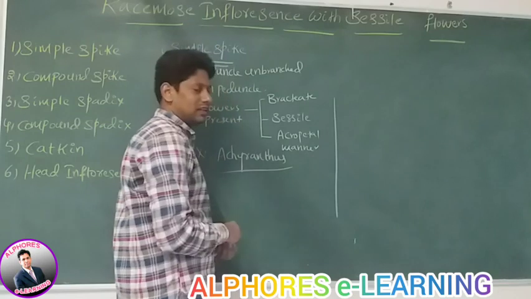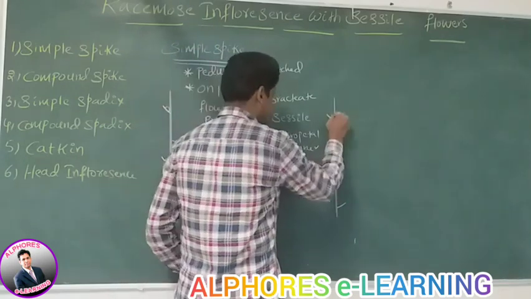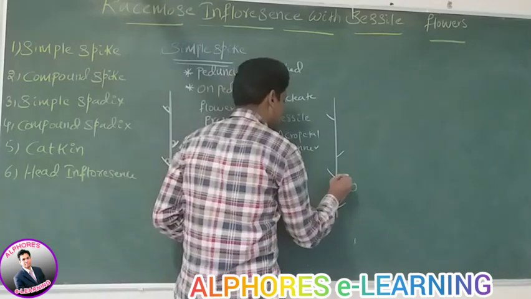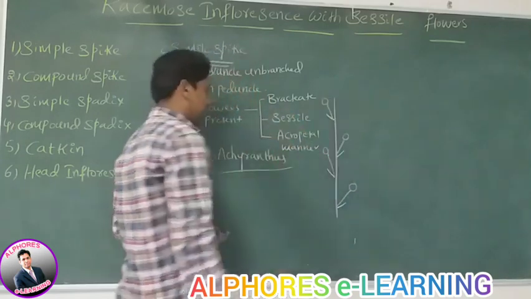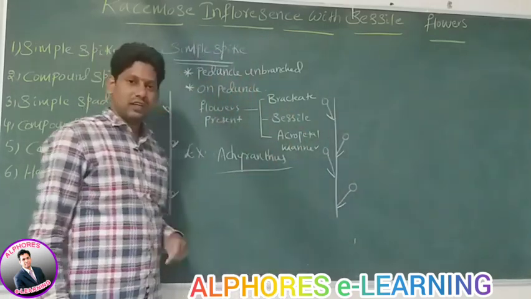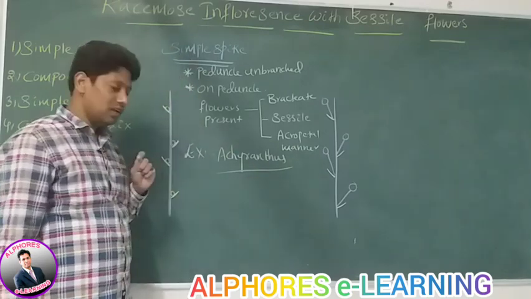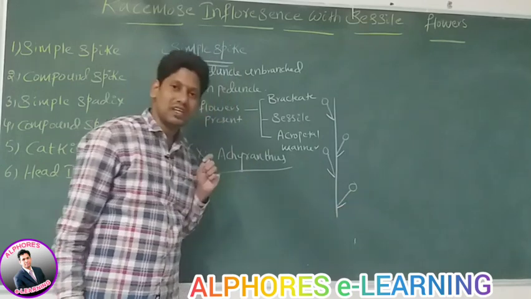Sir, this is peduncle. These are bracts. These are flowers. Now, see these two diagrams carefully. Here peduncle is unbranched, here also peduncle is unbranched. Here flowers are bracteate, here also flowers are bracteate.